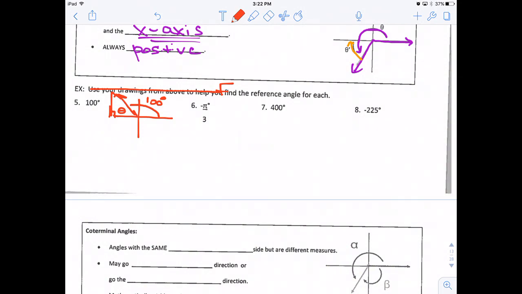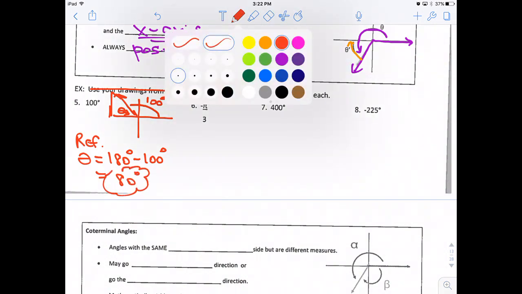That drawing is not so good, but theta is this angle right here. The reference angle in this situation is going to be theta, which is 180 degrees, that straight angle, minus 100 degrees, which gives you 80 degrees. The reference angle for that, let me just change the colors here.